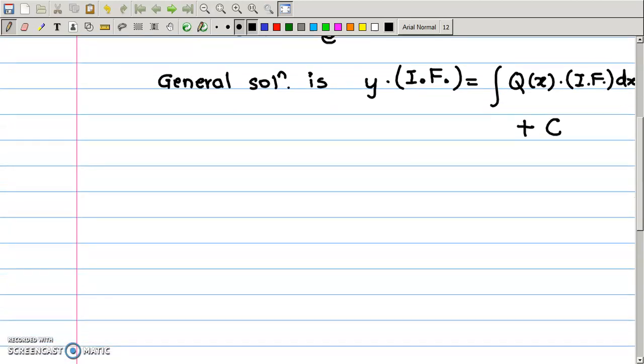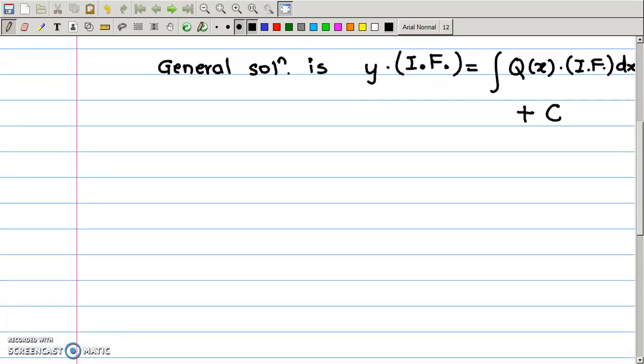Now in Engineering Mathematics 3 we go for linear differential equation of order n, and it is given by the general form.